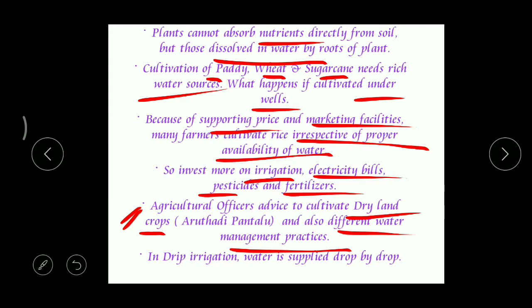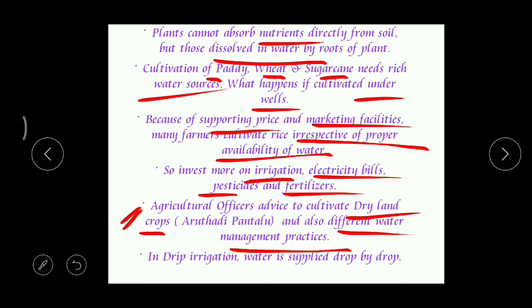Have you seen in our school also we have a good plantation, and our principal has also arranged drip irrigation. Have you seen these black colored pipes in our school garden? What is the reason? With the help of that pipe, water can be supplied to the plants.